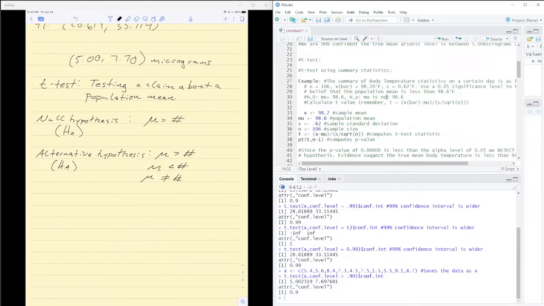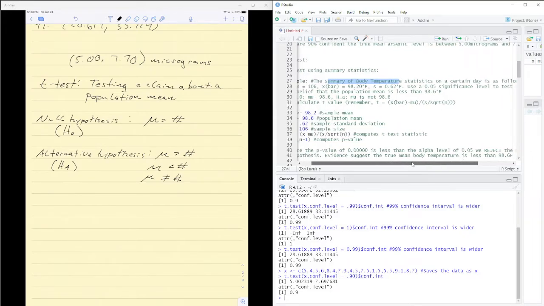And you'll be able to tell from the problem how to decide which one of these three it is. So, for example, the problem we're looking at is: the summary of body temperature statistics on a certain day is as follows.